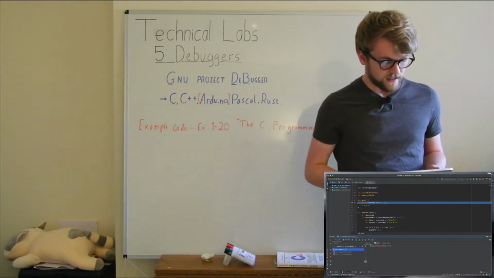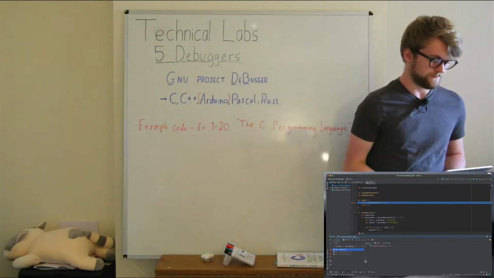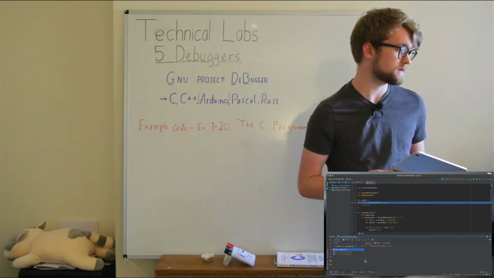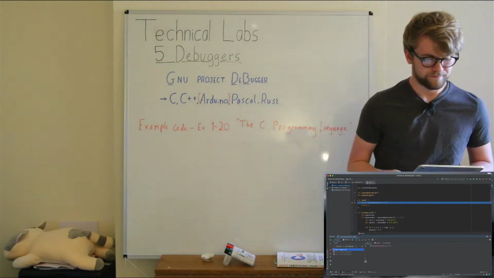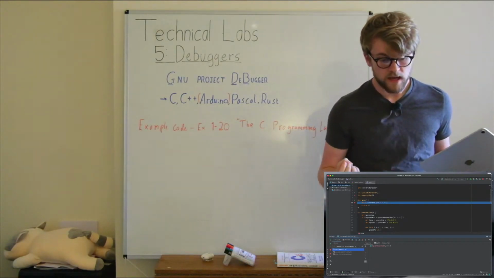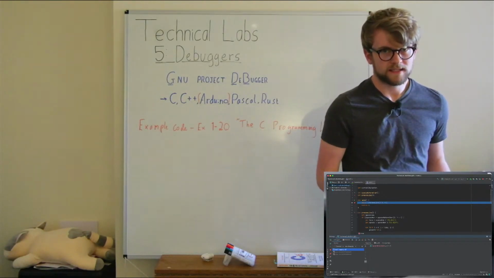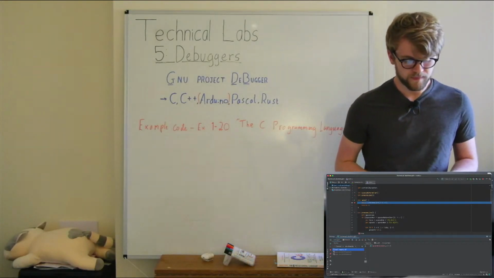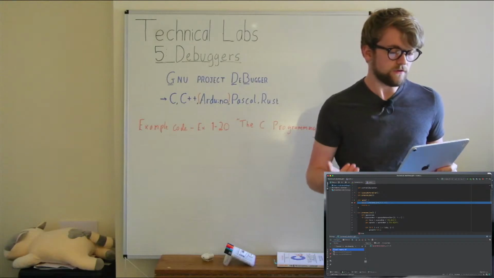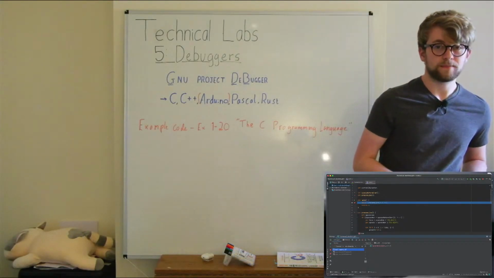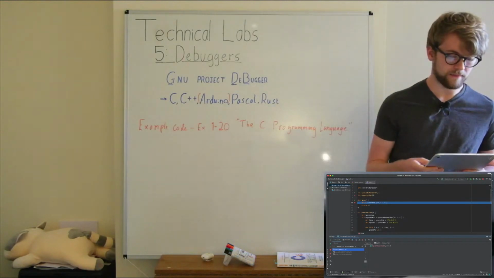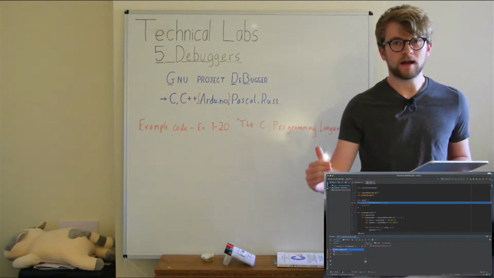Okay. So what is a debugger? A debugger is a tool specifically for debugging programs. Whereas logging is a general purpose thing, a debugger is a program specifically designed for debugging programs. And debuggers give you control over the program you're trying to debug. So they allow you to do things like stop the execution of a program, step through the program line by line.